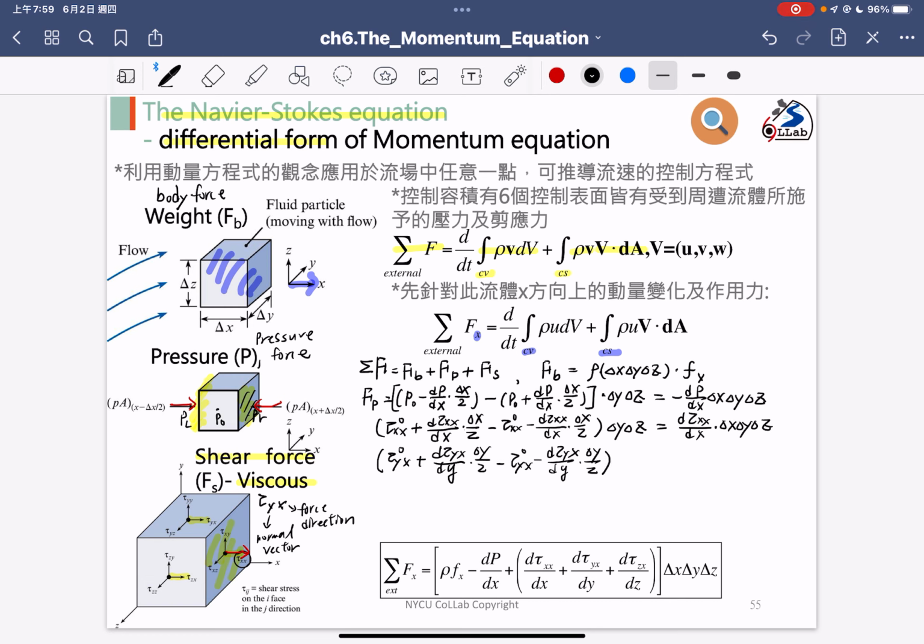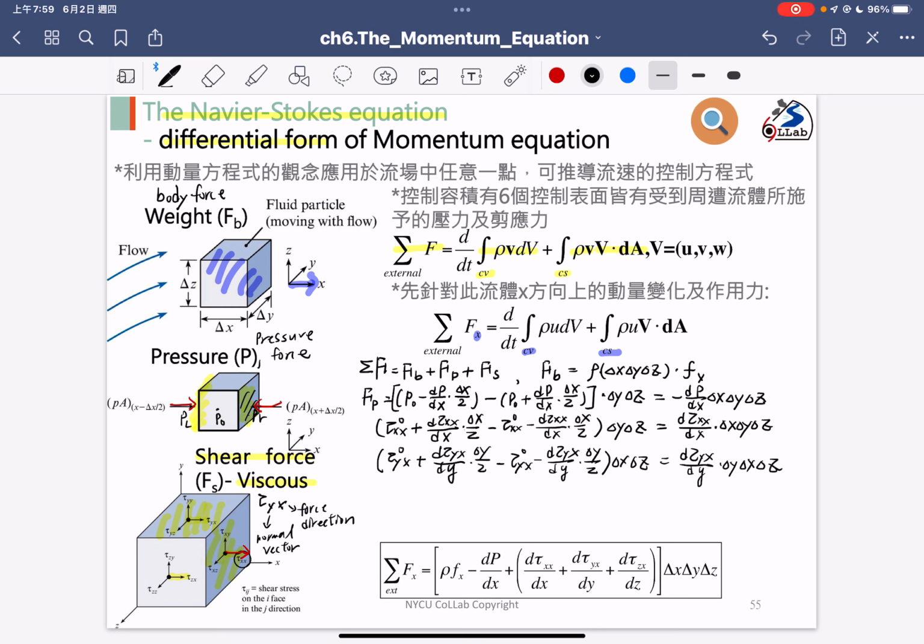And the area is this plane. So this plane is equal to delta x multiplied by delta z. So here it is d tau y x dy multiplied by delta y, delta x, and delta z.